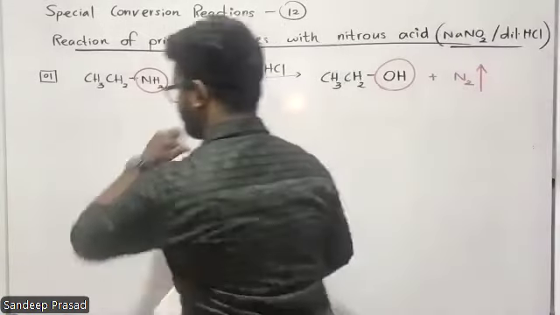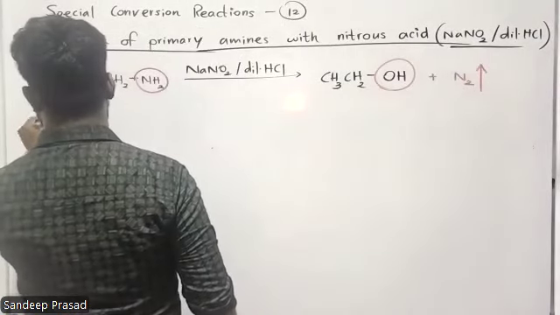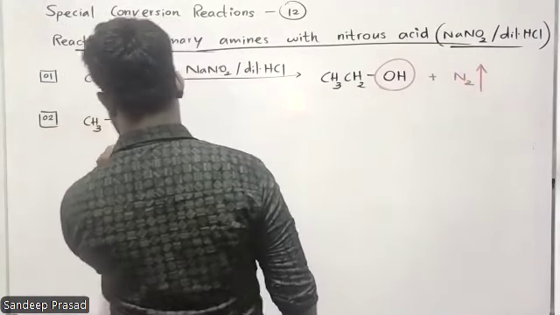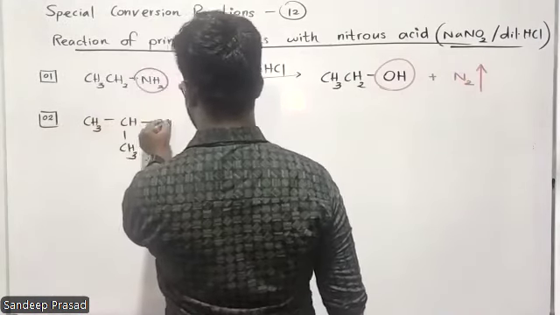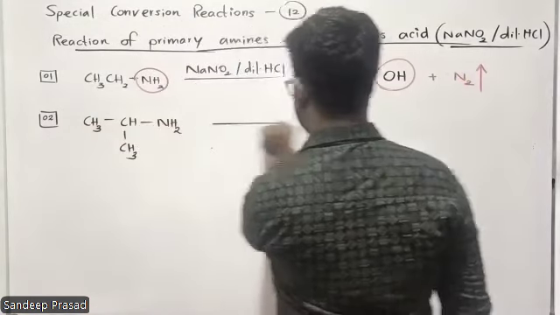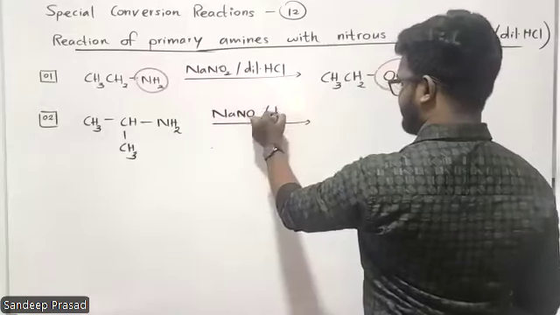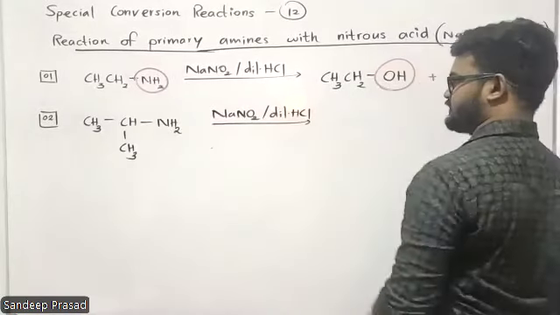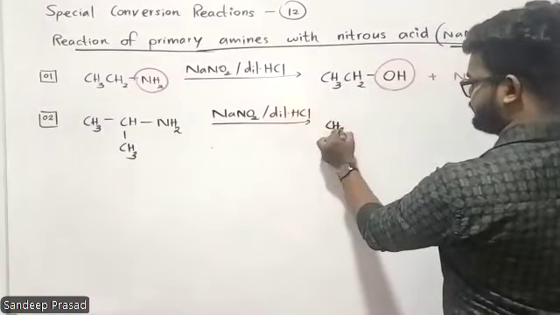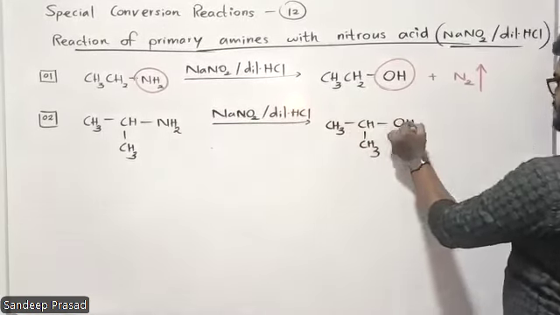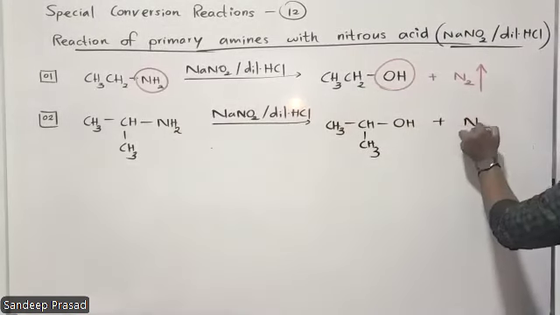Let me consider another example like this. CH3NH2, a primary amine. We are adding sodium nitrite along with diluted HCl. It is producing OH plus nitrogen gas.